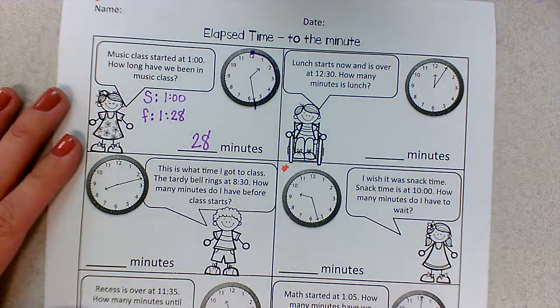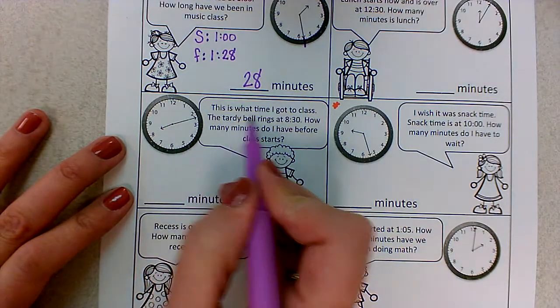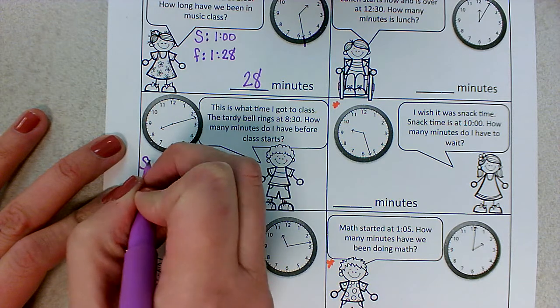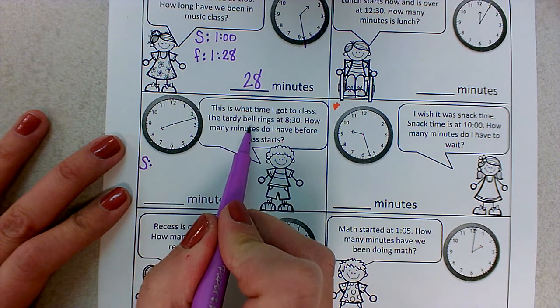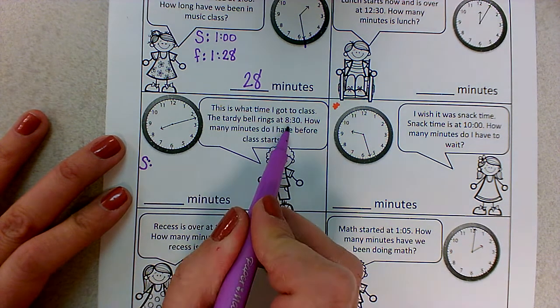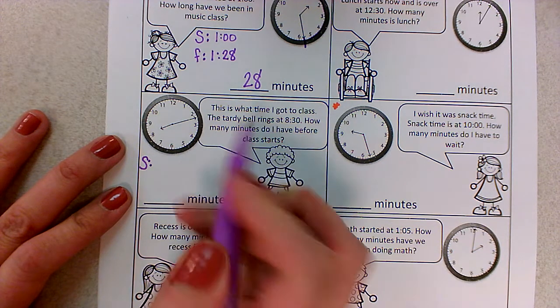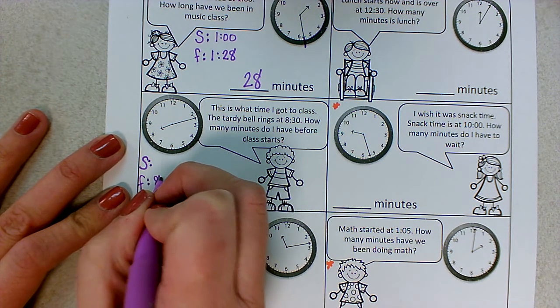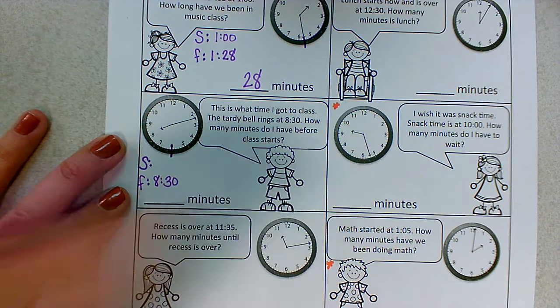Now we're going to look at this one right here, right underneath. This is what time I got to class. So we're going to start, okay? And the rest says the tardy bell rings at 8:30. How many minutes do I have before class starts? So my finish is telling me that I need to stop at 8:30, which I'm going to mark right here on my clock.